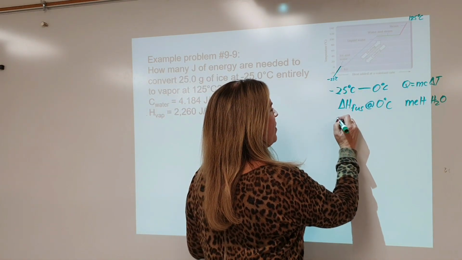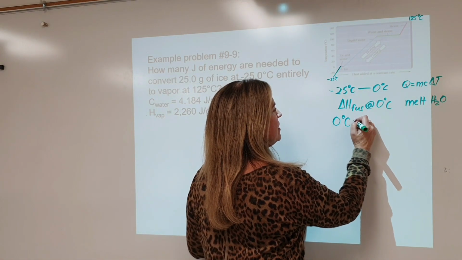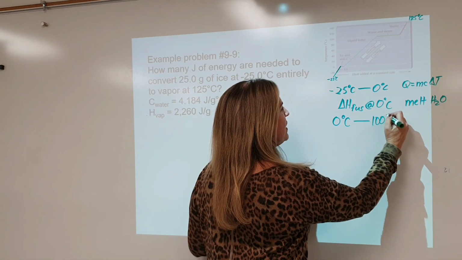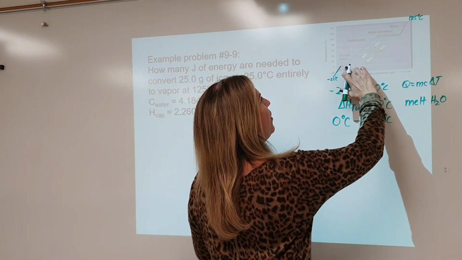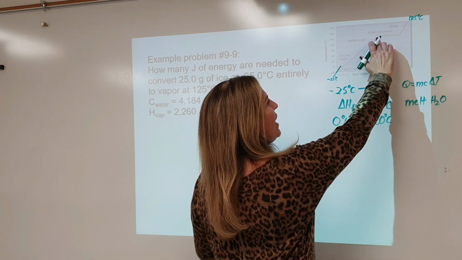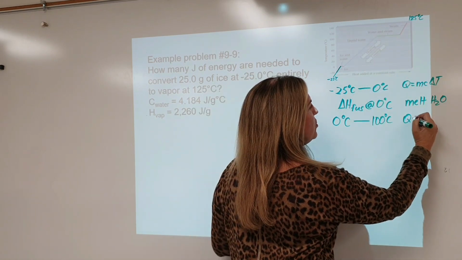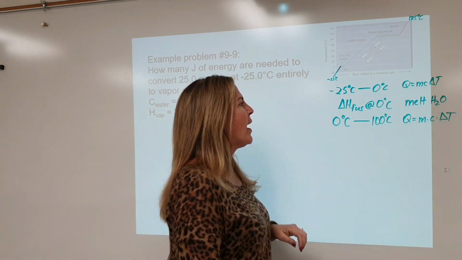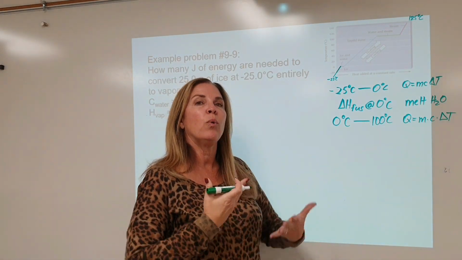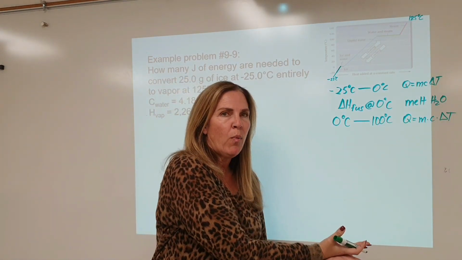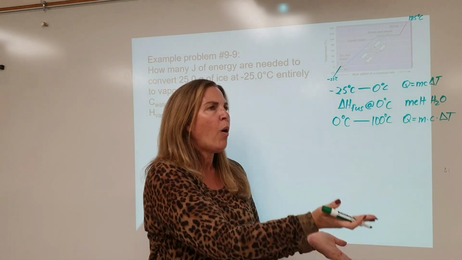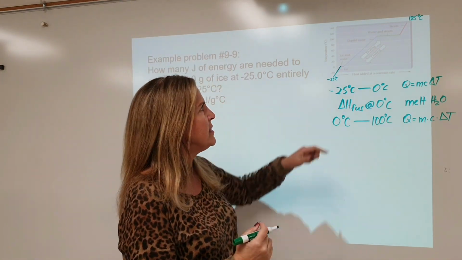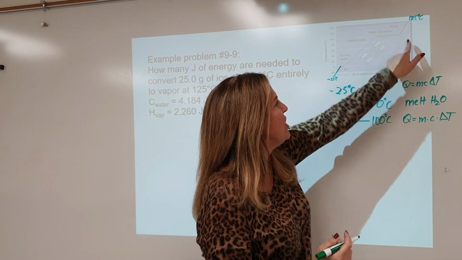Then we're going to go from 0 degrees Celsius to 100 degrees Celsius. So if I'm here at 0, I have a temperature change. So I'm going to use Q equals M times C times delta T again. So I can figure out how much energy it is going to require to heat all of that water, 25 grams, all the way to 100 degrees Celsius. And then I have another phase change.